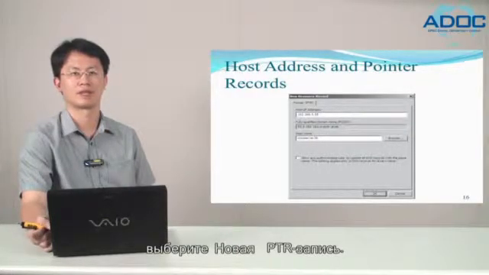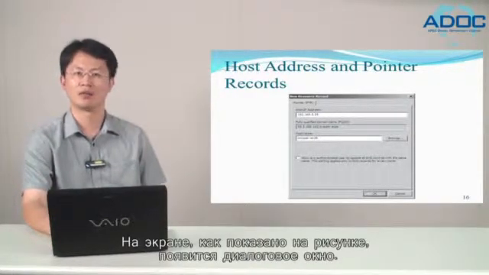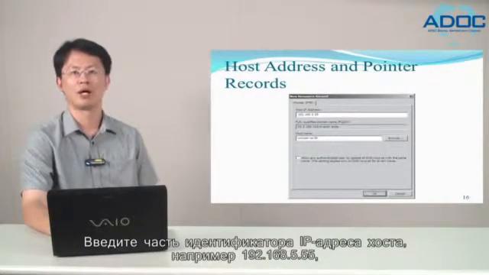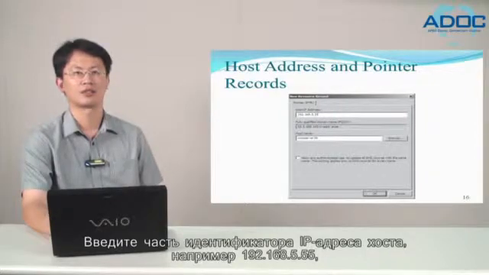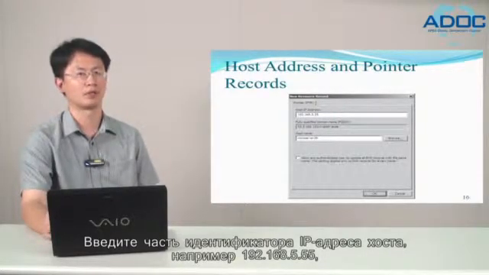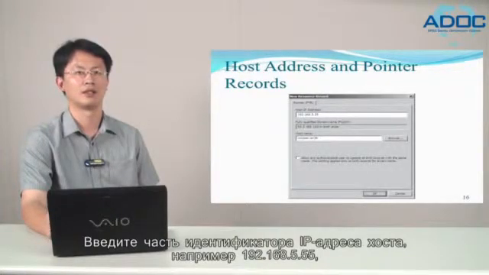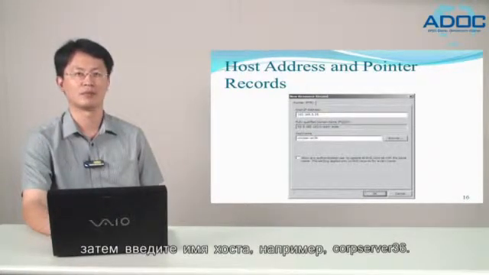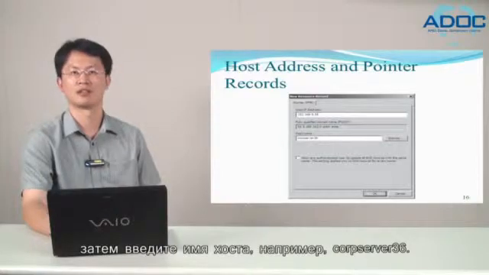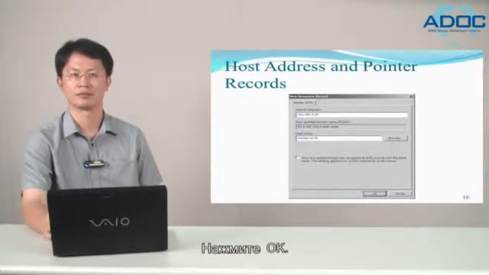This displays the dialog box shown in the figure. Type the host ID part of the IP address, such as 192.168.5.55, and then type the host name, such as copserver36. Click OK.